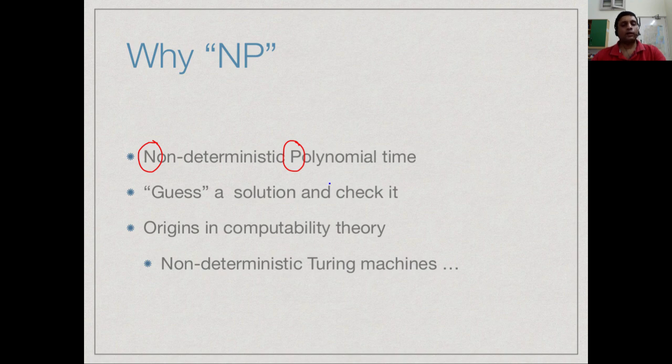The actual origin of this term comes from computability theory, from the theory of non-deterministic Turing machines. If you have studied that, then you will know why it is called NP. But if you have not studied that, it's not so important, as long as you realize what it implies for algorithms. So NP comes from non-deterministic polynomial time, which in turn comes from Turing machines.